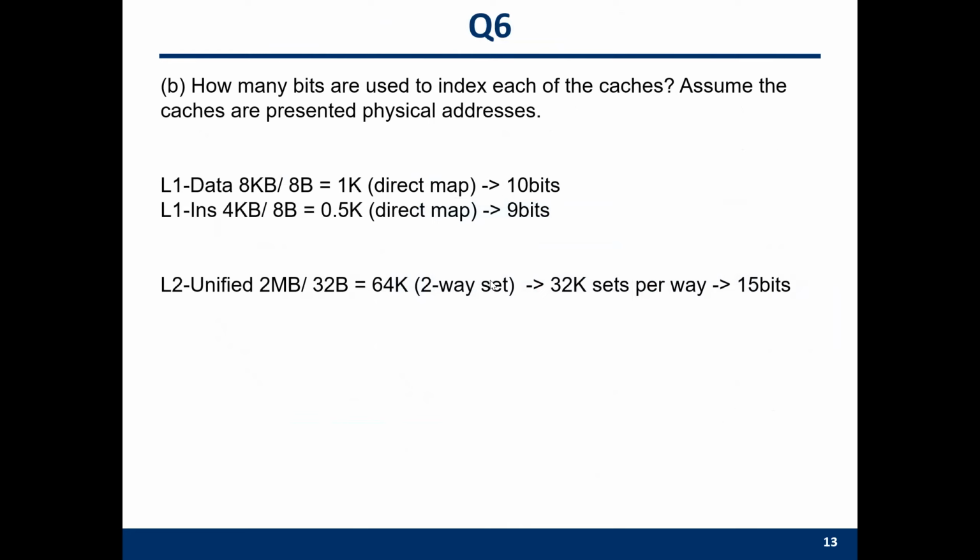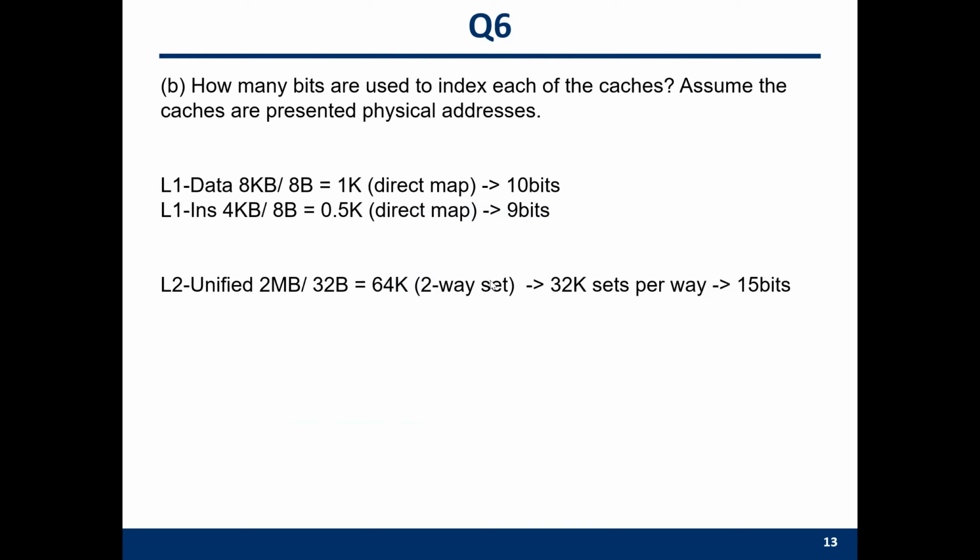And this is 2-way. So for the block offset, you need 8 bits.